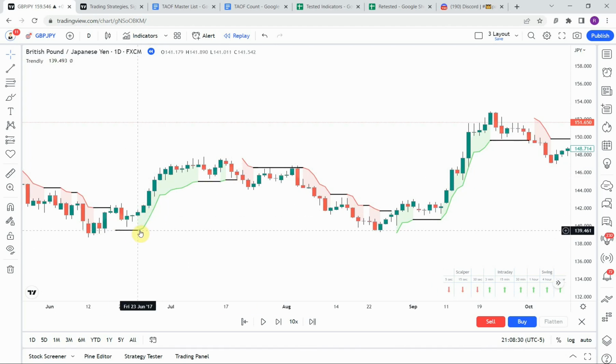For example, right here, you can see that it drops down below price action, but it is in the black coloration and stays that way for a few bars before it finally switches to green and gives us a signal to go long.